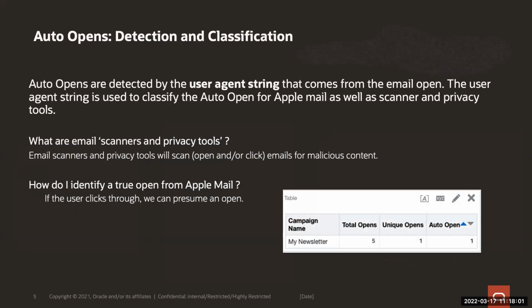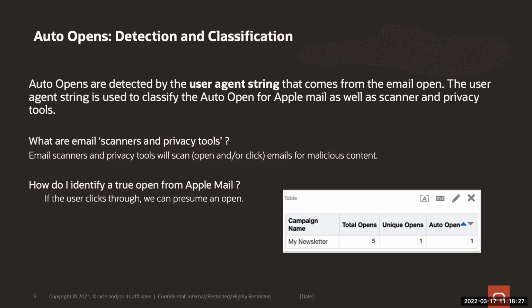So my favorite question, and I think this was where there was a little bit of clarification that was needed. With the release of Apple Mail Privacy in September by Apple Mail, we put a lot of focus on how we're tracking email opens in order for us to identify these auto opens, not only by Apple Mail, but also by email scanners and privacy tools.